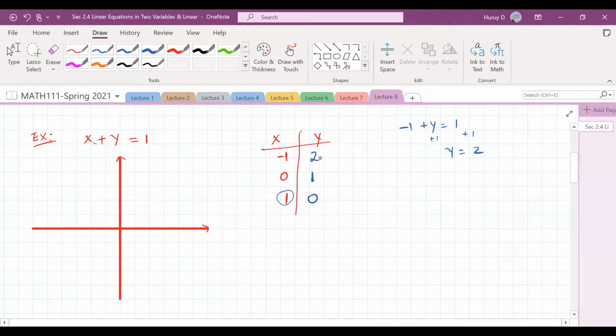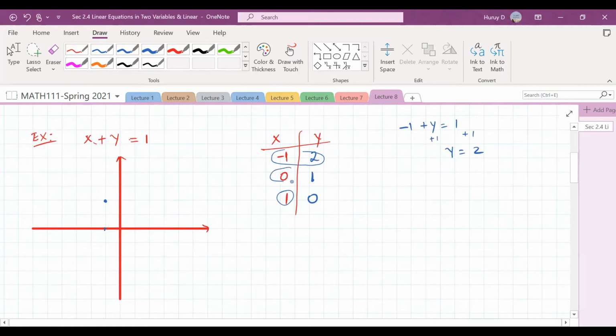Now, you plot these paired values on this Cartesian plane. Let's find the first point, -1, 2. X is -1, so x negative means it's on the left side. -1 is here, and y is +2, so we go up, it's right here.